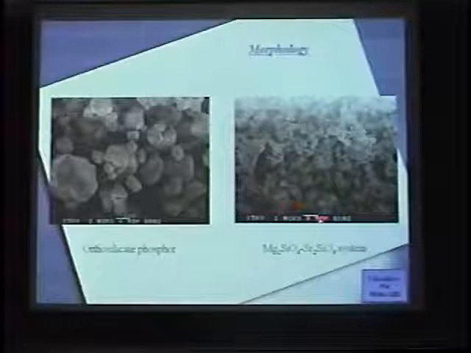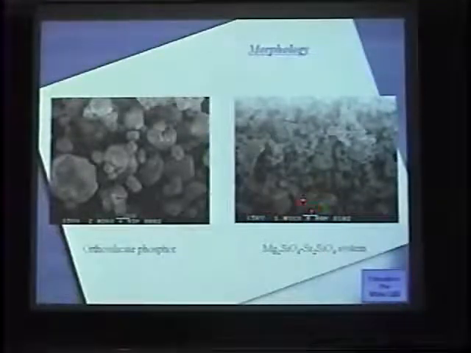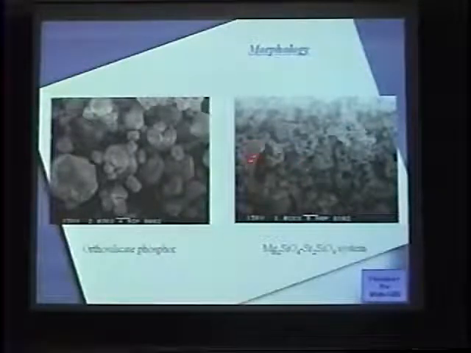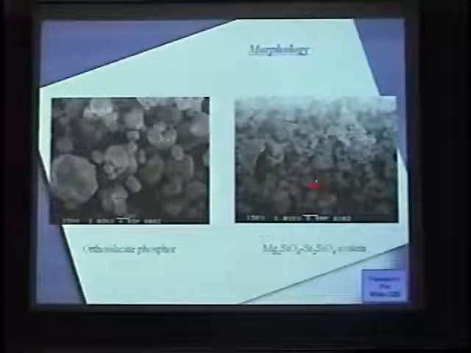Maybe if we use flux, then we can increase the particle size and have a more round type of phosphor. Also, we have to find a smoother surface. We still need to improve this morphology.